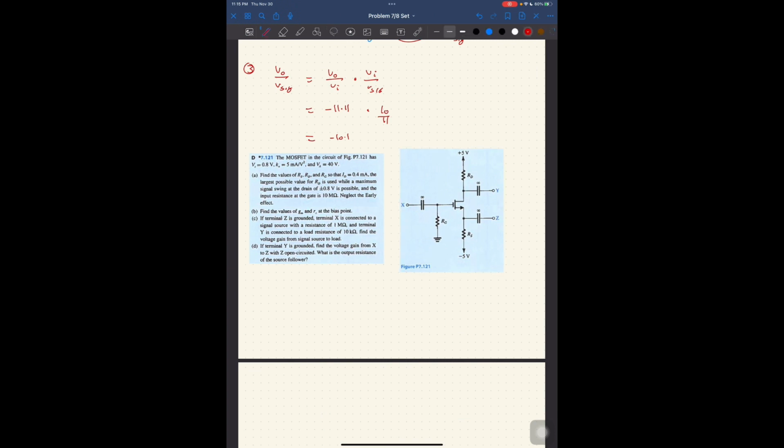if the terminal Y is grounded, right? So again, this is nothing but X and this is nothing but Z, and this is nothing but Y, and you're saying that the terminal Y is grounded. Find the voltage gain from X to Z, with Z being open circuited, as in it does not exist.